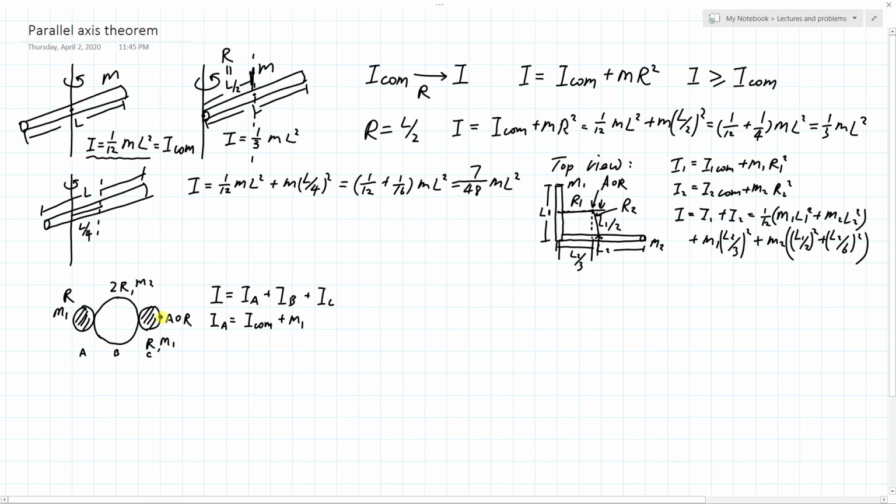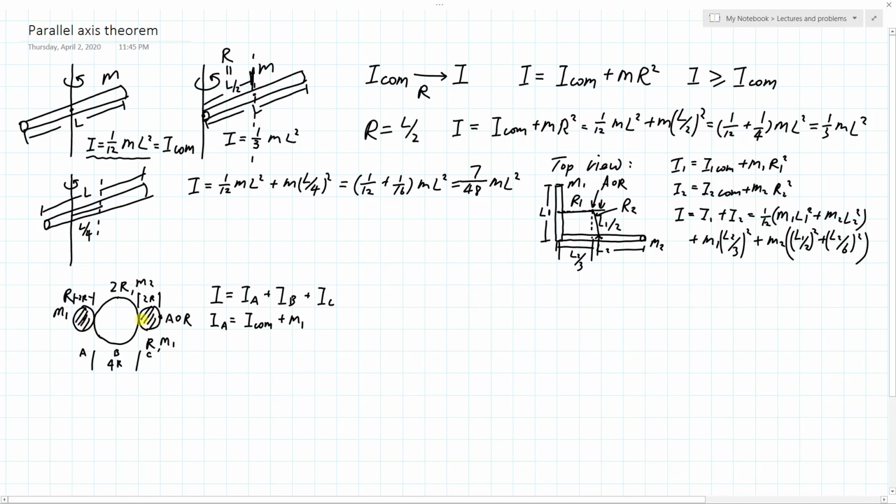Starting from here, if this radius is r, then you have 2r here, the diameter. Then you have 4r here, the diameter. Another 2r, but not the whole 2r because you end in the middle, the center of mass here.